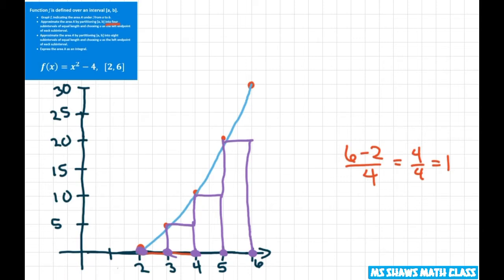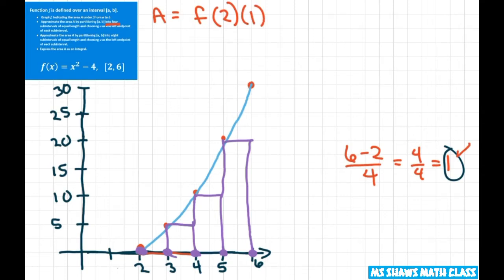So what you're going to do is use the formula, and since our unit is 1, our area is f of 2, since we start at 2, and then we're multiplying by 1.